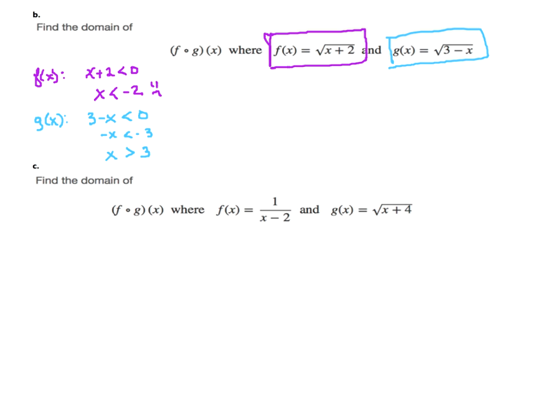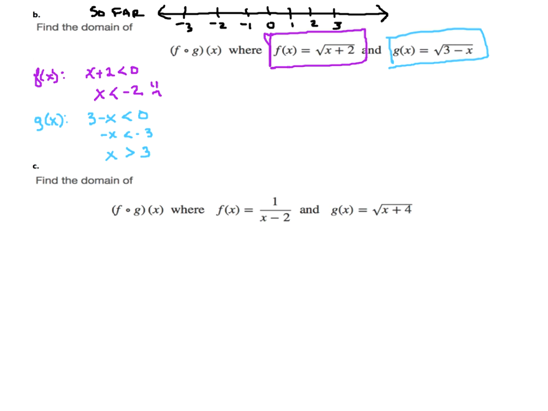So right now, I'm going to just draw a picture of what our restrictions are so far. We have 0, 1, 2, 3, negative 1, negative 2, negative 3. Restrictions say with my f function, I cannot have anything less than negative 2.